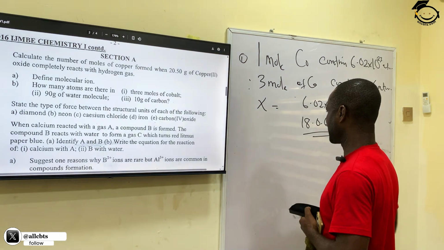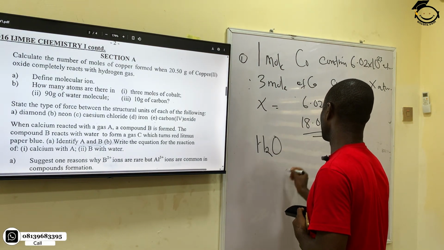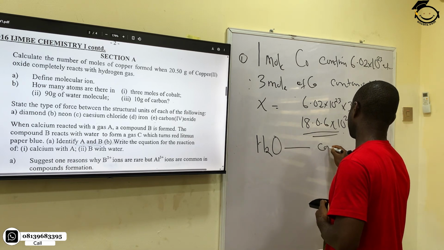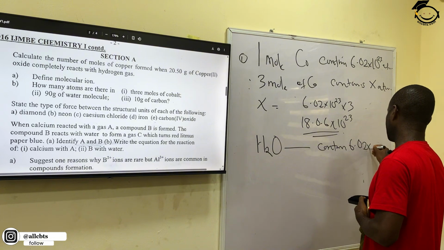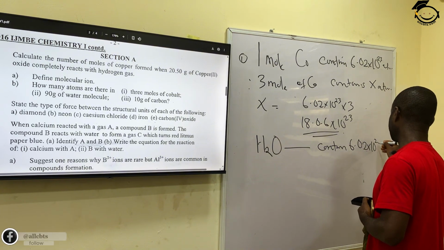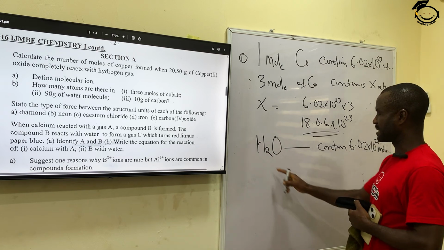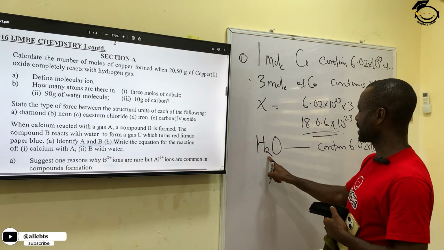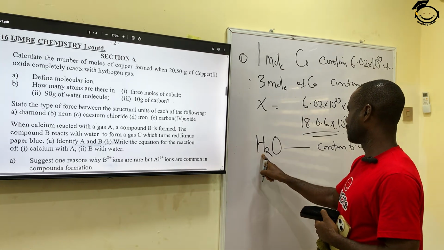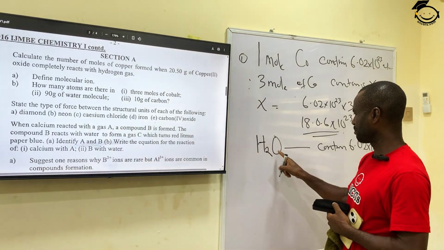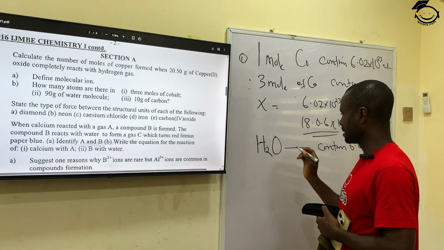Of course, 90 grams of water molecule, given as H2O, contains the same Avogadro's constant, which is 6.02 times 10 raised to the power 23. This time around, it becomes molecules. And don't forget, a molecule of water contains 3 atoms here: 2 atoms of hydrogen plus 1 atom of oxygen.